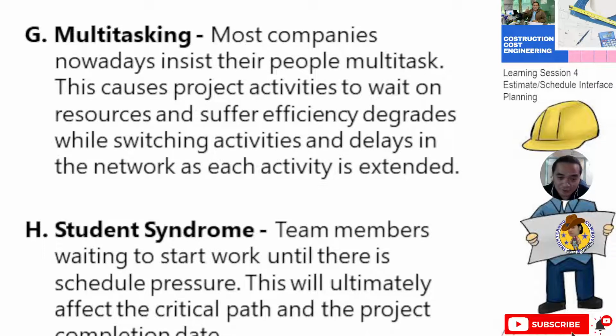The reason is to save. Why not use one person to do, let's say, 2 jobs rather than hire another? So it means the management wants to save. Then this causes projects to wait on resources and suffer efficiency degradation while switching activities, and delays in the network.